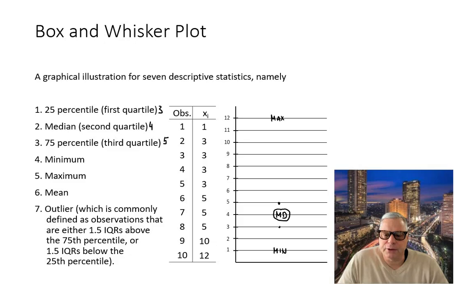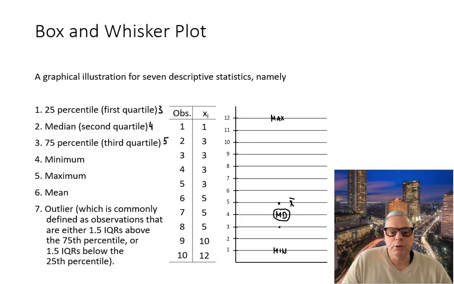So for the mean, I just write here, maybe x bar. Okay. So the minimum we said is 1, the maximum is 12, and the mean is also equal to the 75th percentile.